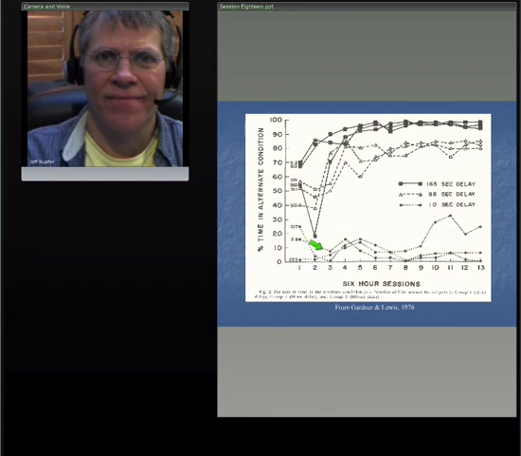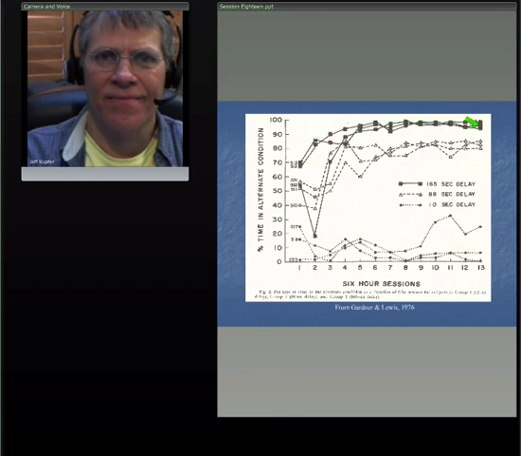But as we increase the delay, look what happens to avoidance responding. It increases, and then the group that had the maximum delay spent the entire amount of time in the alternate condition, which kind of tells you, it is not necessarily shock frequency reduction.